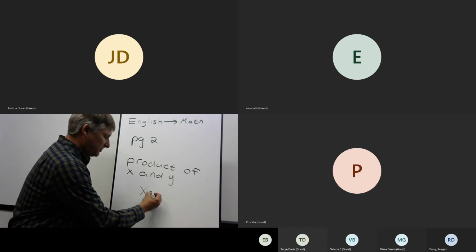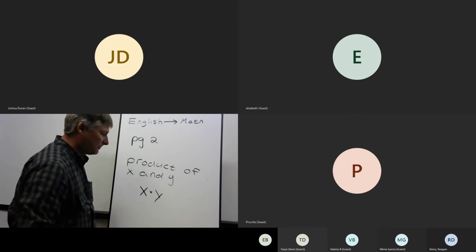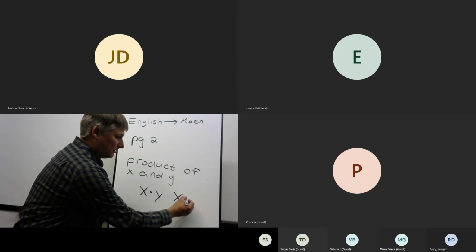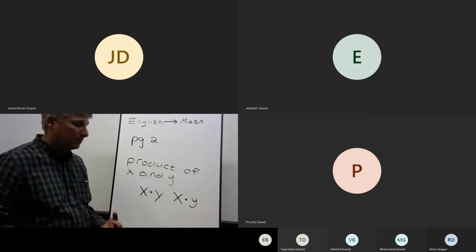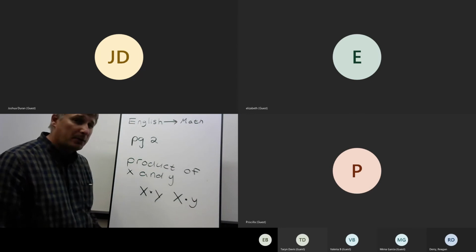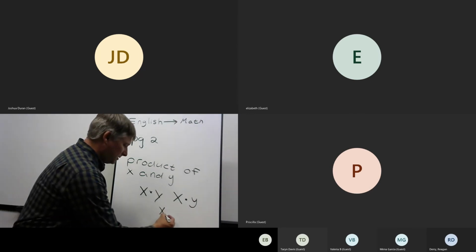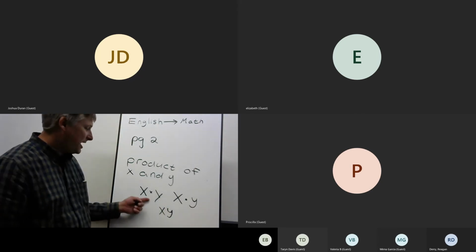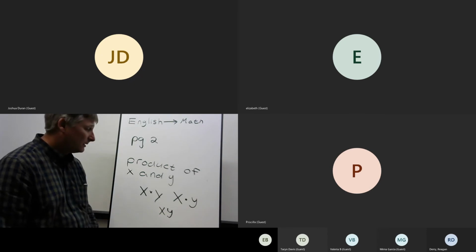You can do x with the little multiplication sign, y. You could do x dot y. All of this is multiplication. The most common one with variables is we just write them next to each other: x times y.